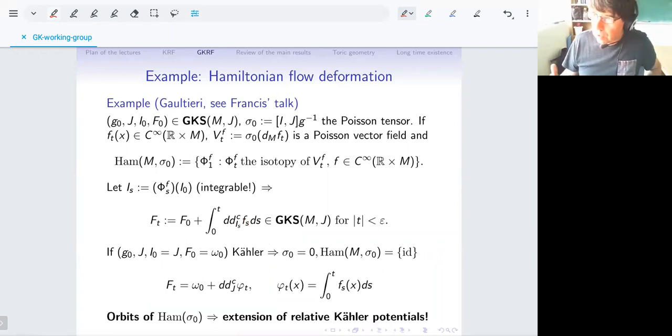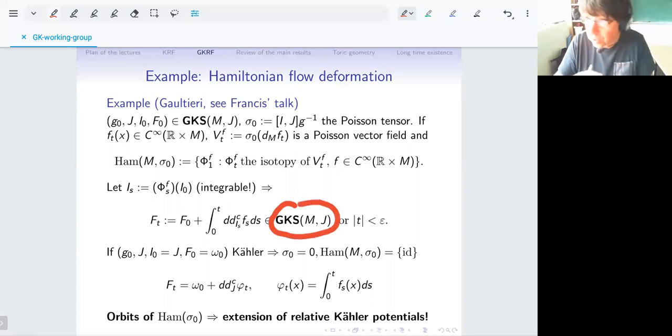So we can think of these Hamiltonian flow constructions as a way to create orbits within this space of generalized Kähler of symplectic type, and we could think of these orbits as some sort of extension of the notion of relative Kähler potential. This point of view has been used in the paper with Streets and myself that I mentioned in the non-degenerate case.